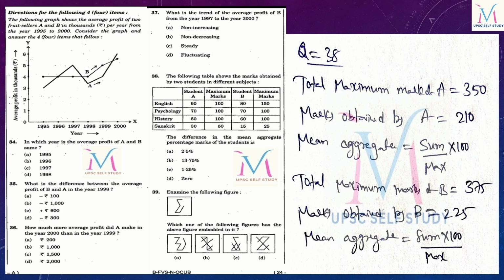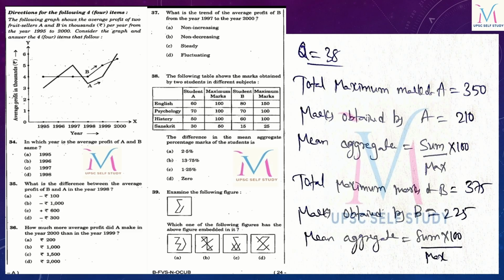Consider the following graph. In this graph, the x-axis denotes years and the y-axis shows the information about fruits that have been sold in thousands. The thick line indicates person A, and the dotted line indicates person B. So these four questions are based upon the graph.